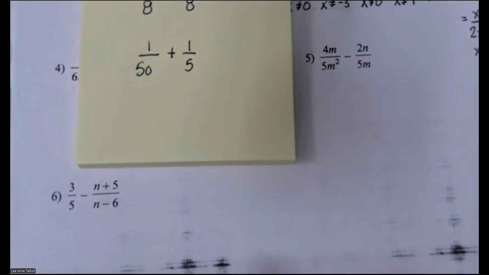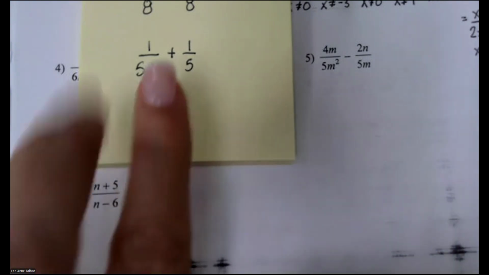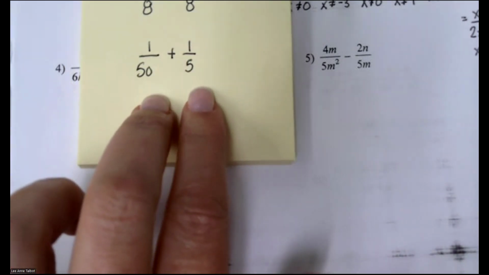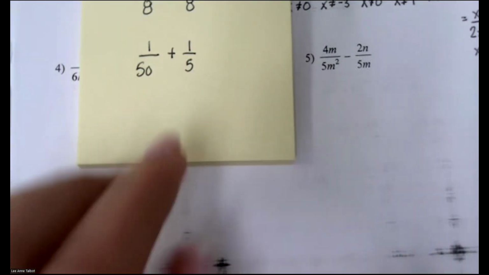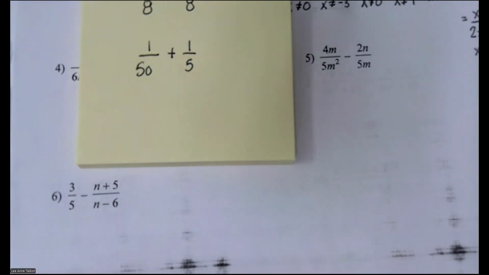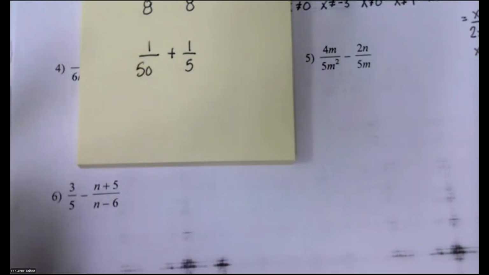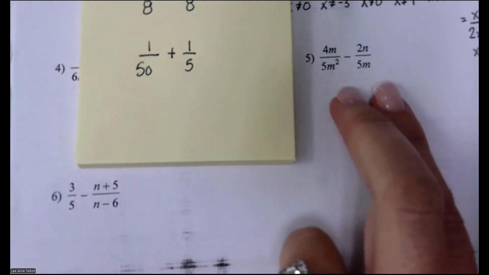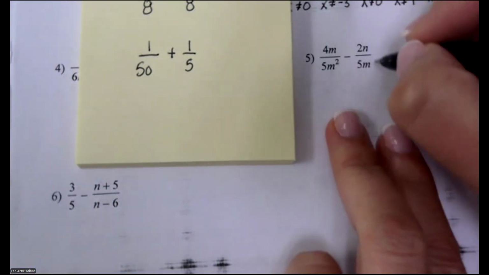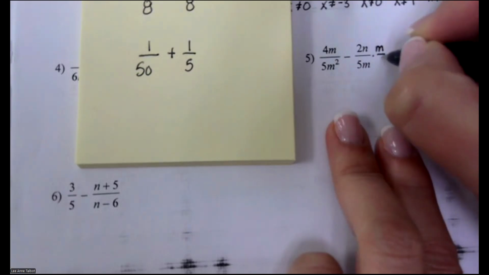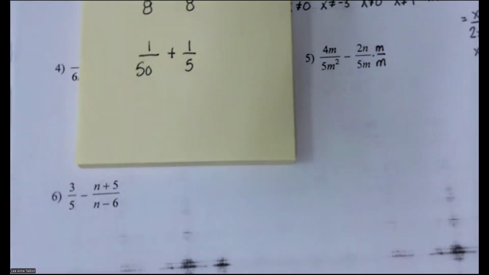No, 50. Remember, they have to go into the numbers. What I'm getting at is, do I need to multiply this side by anything? No. So this is very similar. I don't need to multiply this side by anything. This side just needs m over m to make it match.